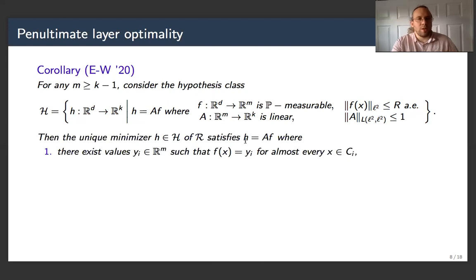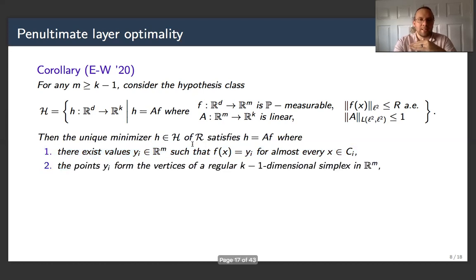Then we can show that there exists a unique minimizer in this hypothesis class, which is A times f, with f outputting values y_i, which are constant over the classification classes.